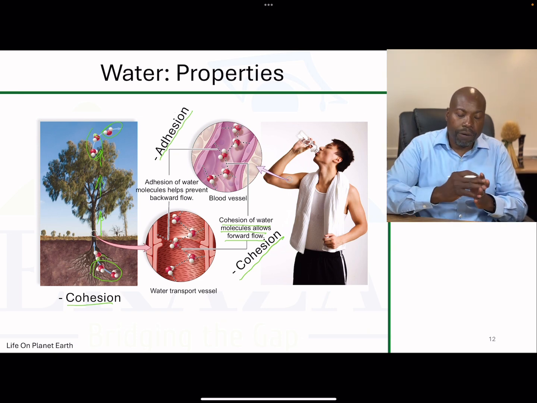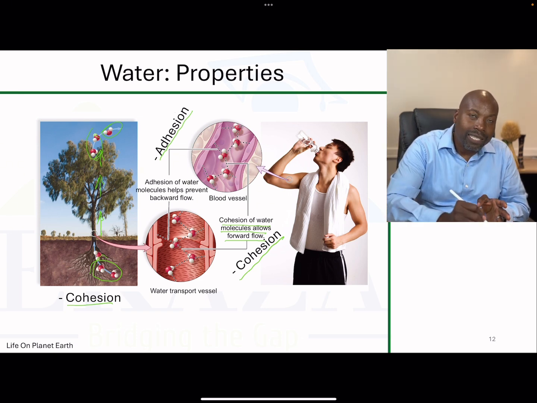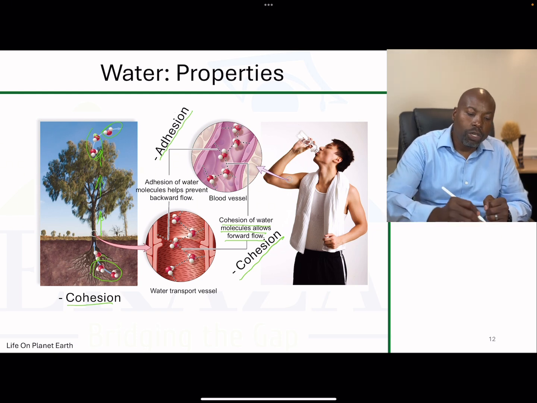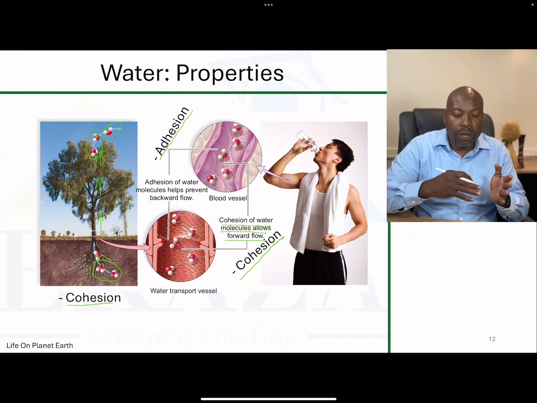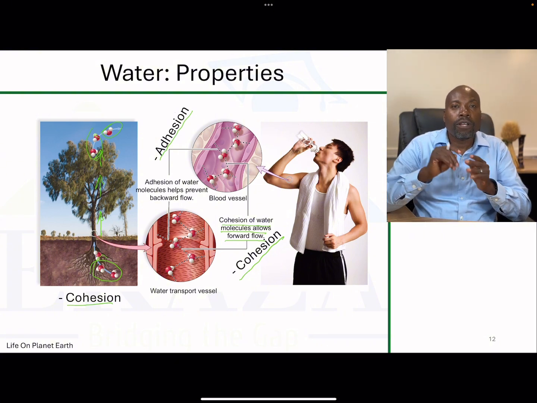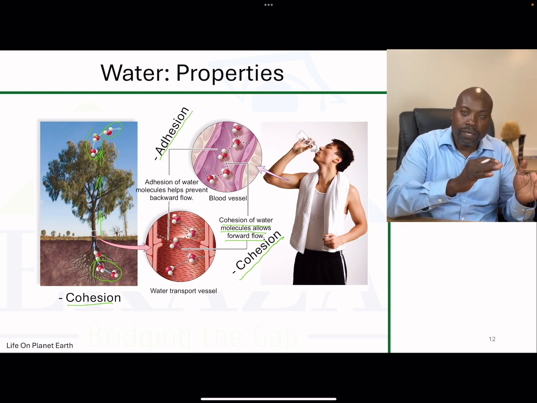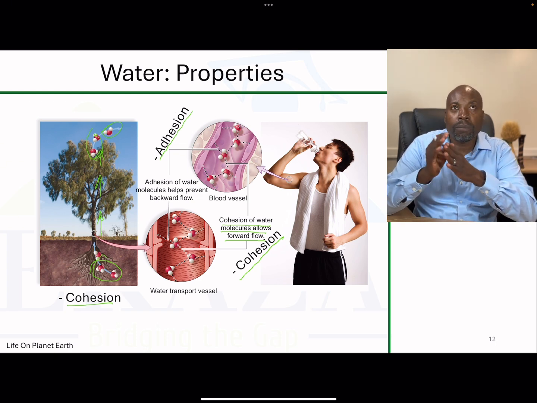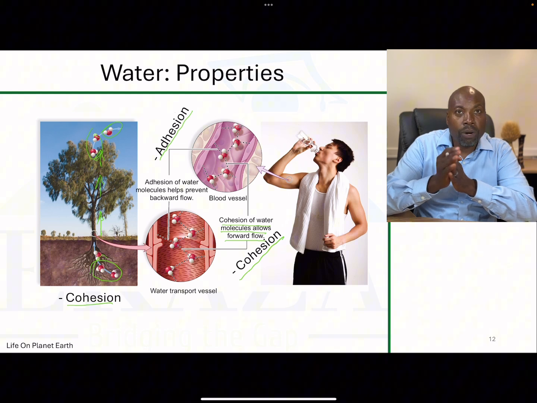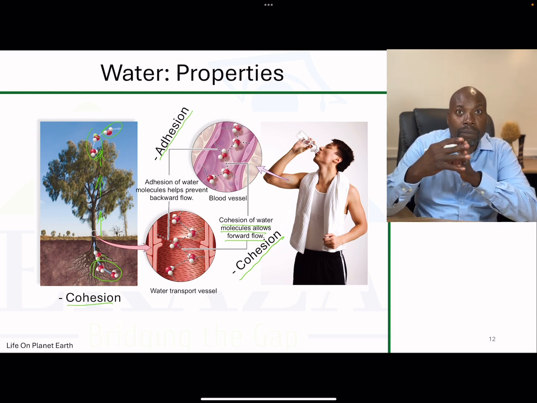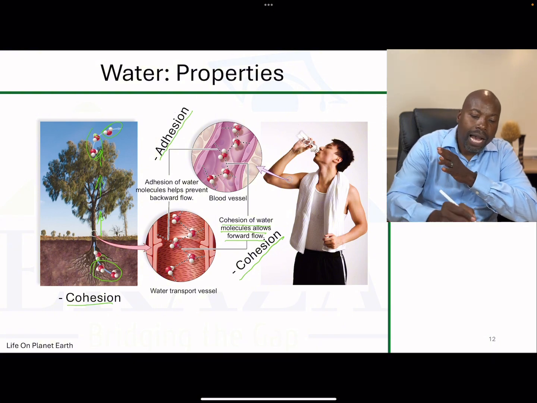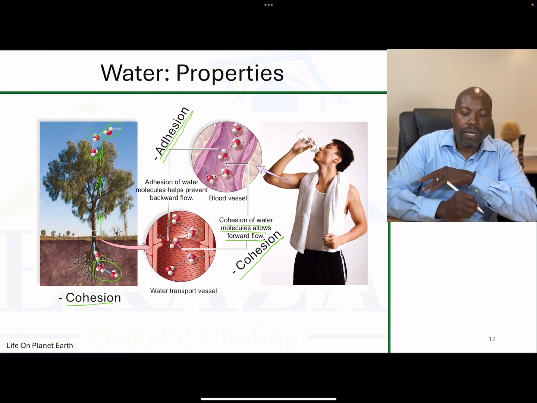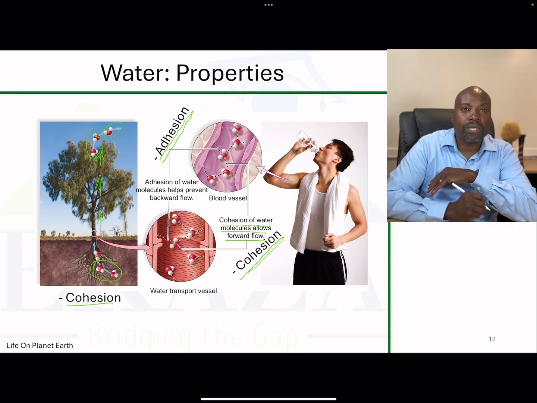So whenever a water molecule is leaving, it is pulling another water molecule that is in the form of liquid, okay? And how is that possible? Because of the polar property of the molecule of water, right? It's a polar covalent bond. So they react like magnets, right? So remember the adhesion property, remember the cohesion property.